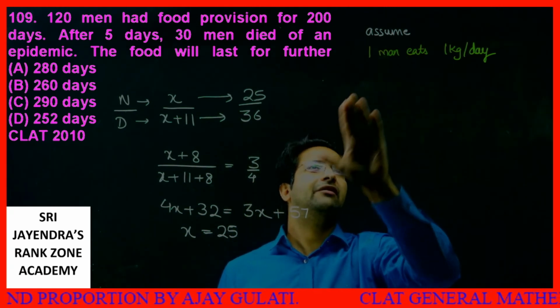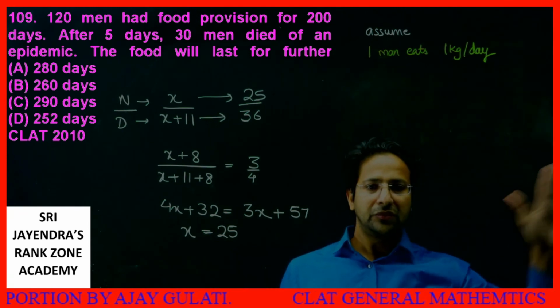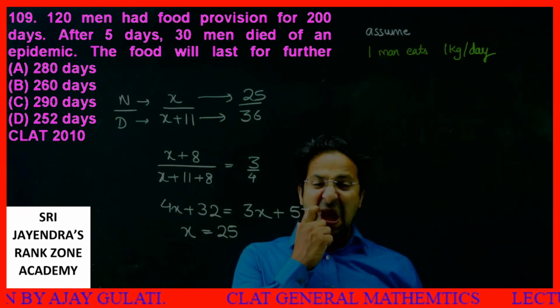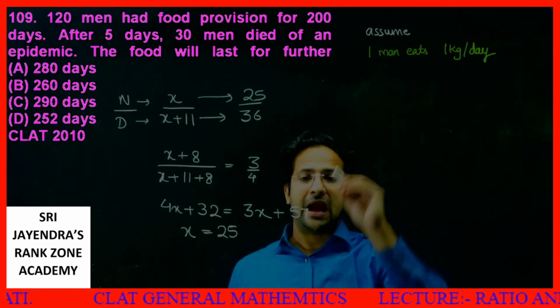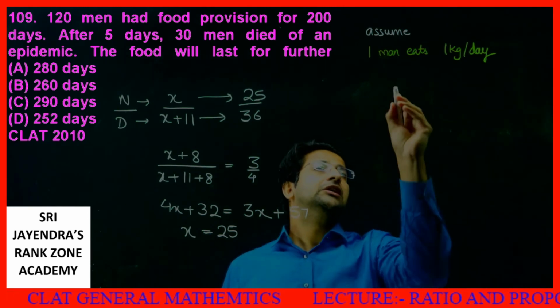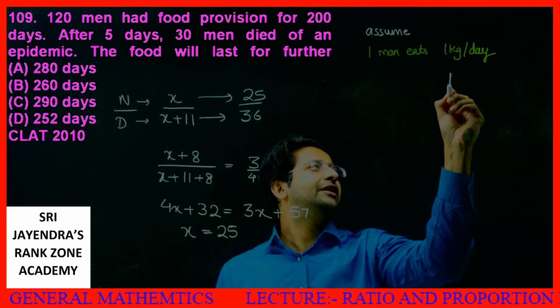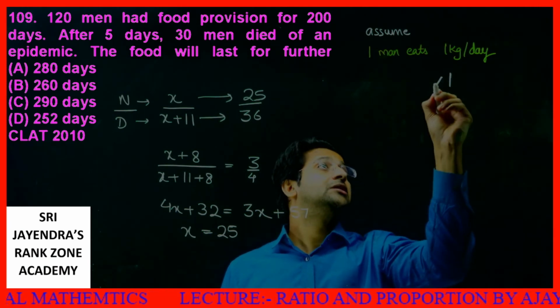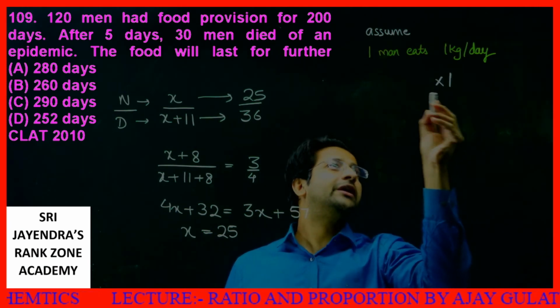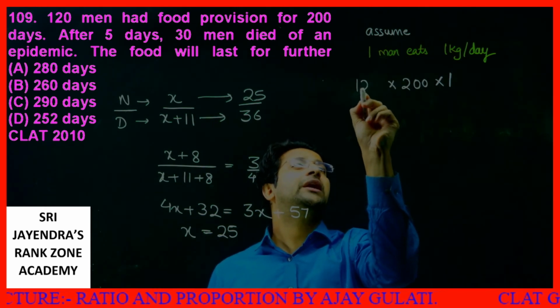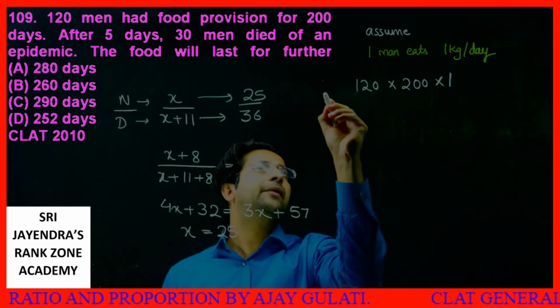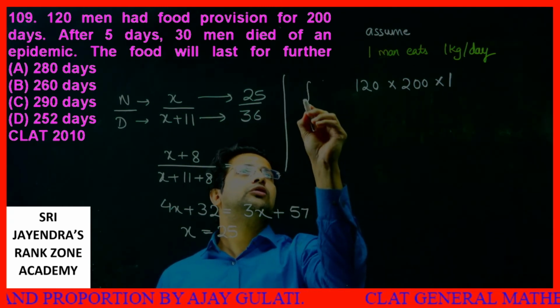Now, what do we have, dear students? 120 men had food provision for 200 days. So, one man will eat how much food in one day? 1 kg. He lives for 200 days, so that means 200 kg. The provision was for 120 men. So, this was the total food.